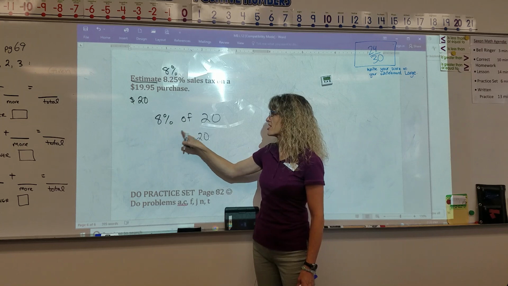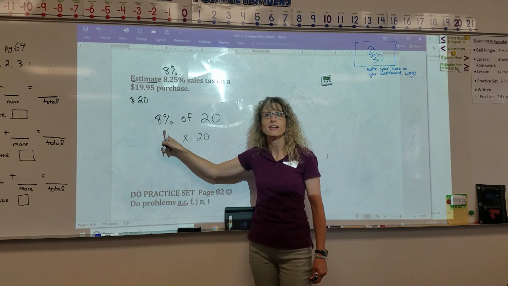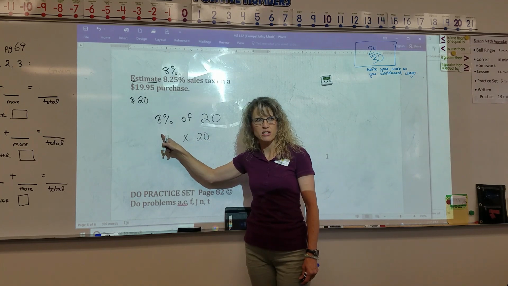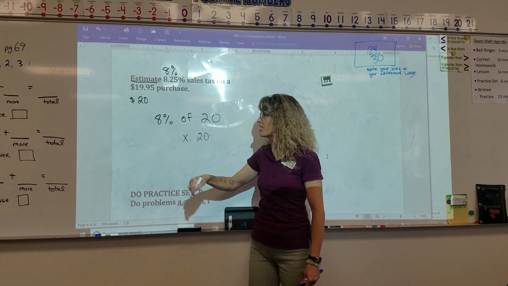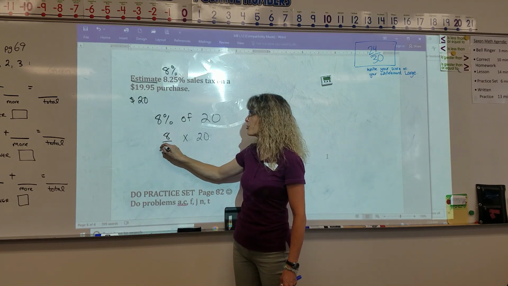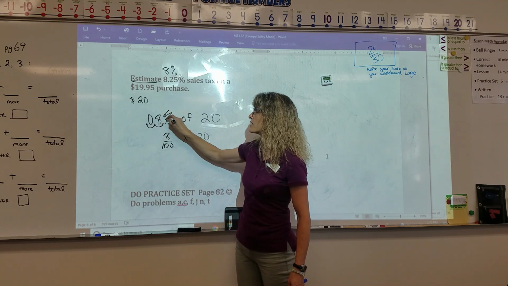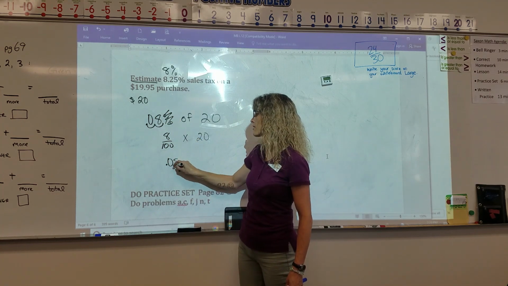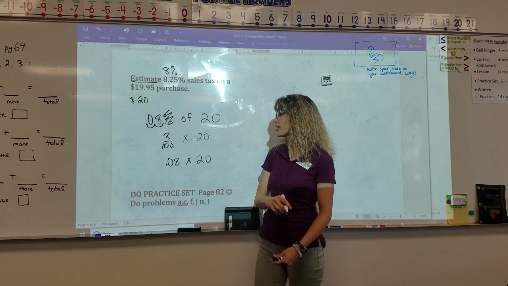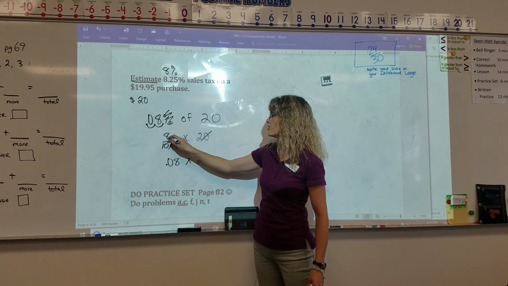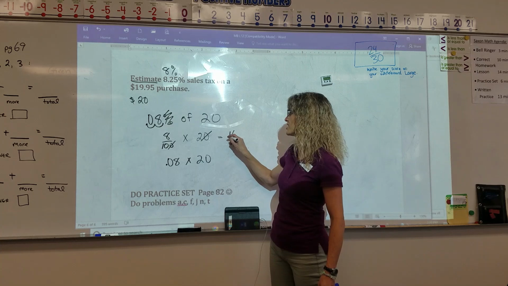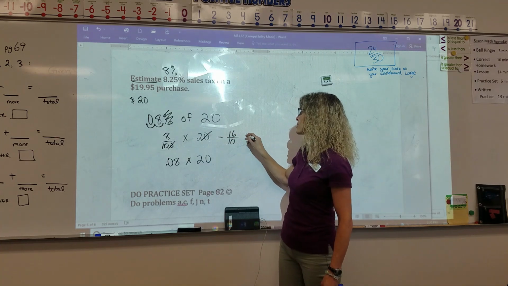So we're going to do 8% times 20, but you can't multiply a percentage. Ever. You have to take the percent off, which means I'm either going to have to do 8 per 100, which I kind of like, or if you want to go this way, that's what I always do. You can do that. And multiply. I like this because then you can go like this. And you get 8 times 2, which is 16, over 10, which is 1.6.